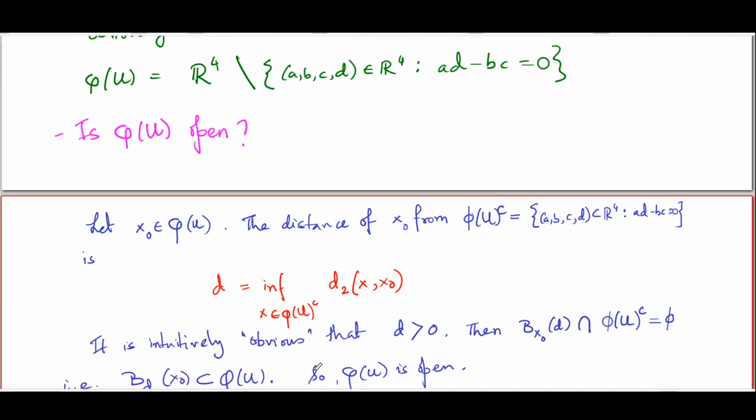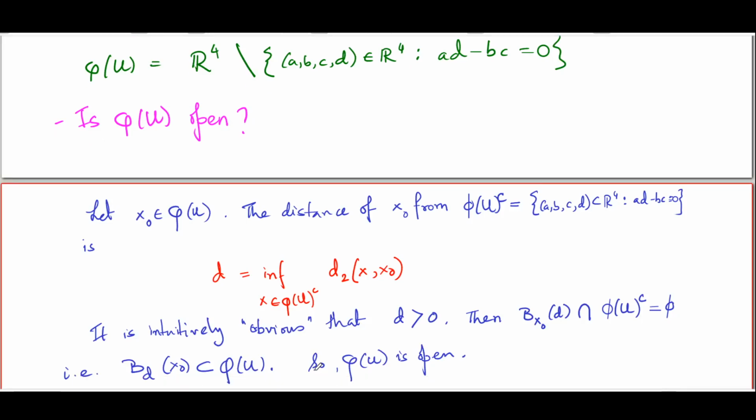Now it is intuitively obvious that this d is a positive number. If we accept that, then the proof becomes very simple. All you have to do is take a ball of radius d, this distance, surrounding x0, and it's easy to see that B(x0, d) cannot intersect phi u's complement.